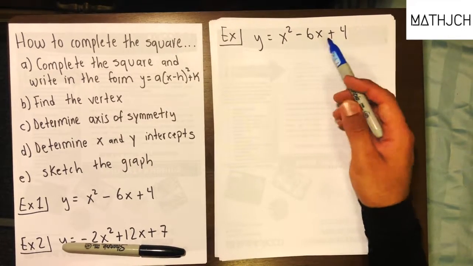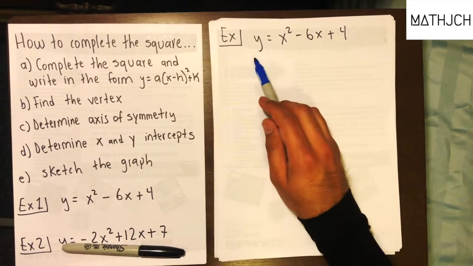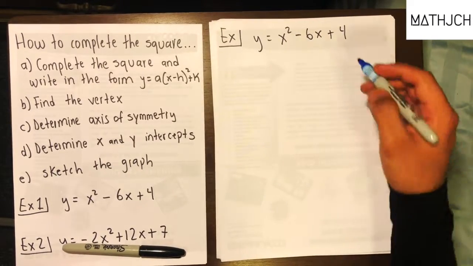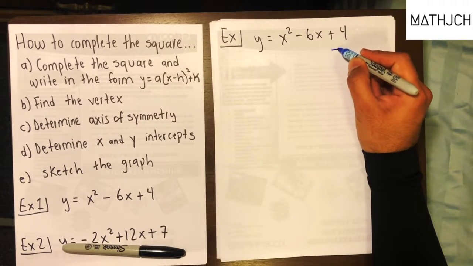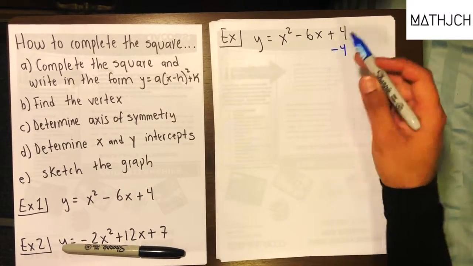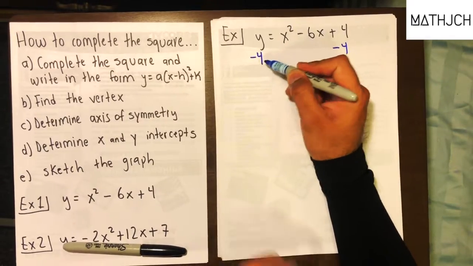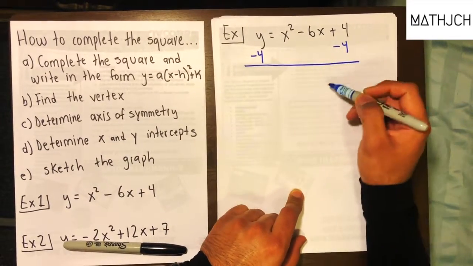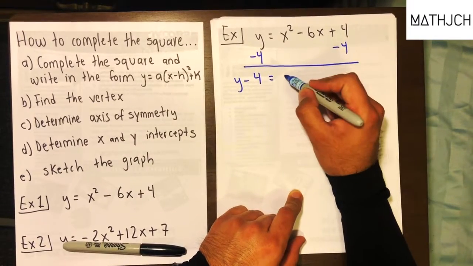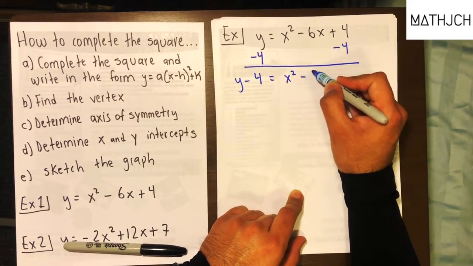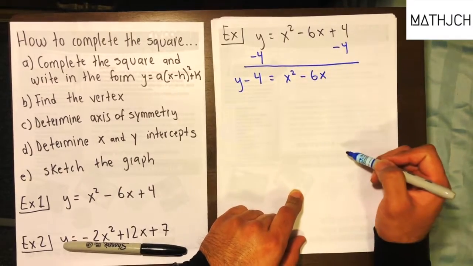That means we're going to move the 4 to the other side for now, but then we're going to have to move it back. So it's positive, so we do the opposite, which is negative. We have y minus 4 equals x squared minus 6x.